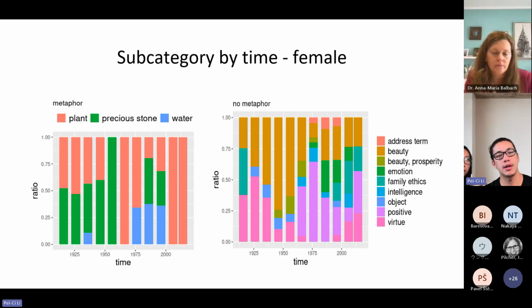On the left, if we look at names that have metaphors, what we see as a change of trend is that in the past it was more things like precious stone, but the closer we get to the present, the less frequent that becomes, while most names, if they are metaphors, are mostly referring to plants, for example, or water. If we go to the right with names that don't have metaphor, the trends are even more visible.